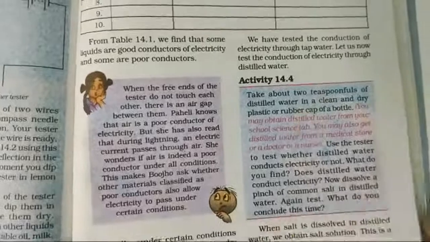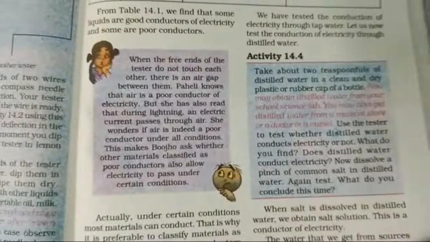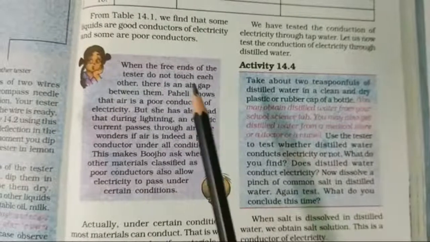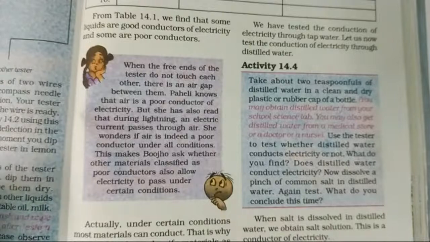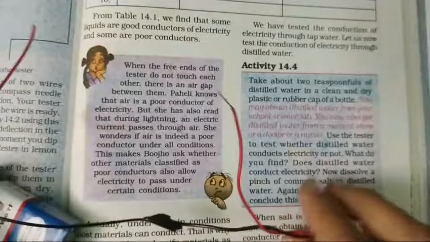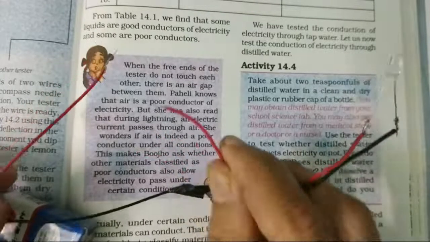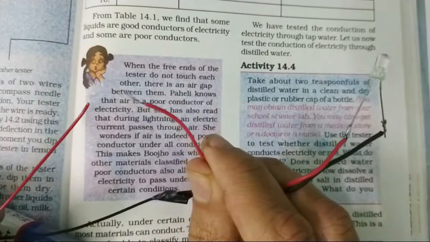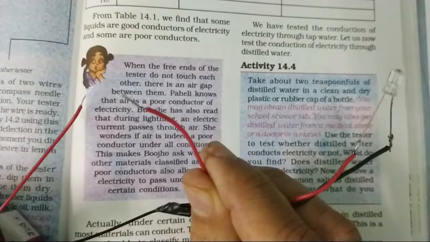Now this point which is mentioned here says when the free ends of a tester do not touch each other, there is an air gap between. The tester which I have shown you, the bulb is here. So why is the bulb not lighting up now? Because the two wires are having a gap of air.